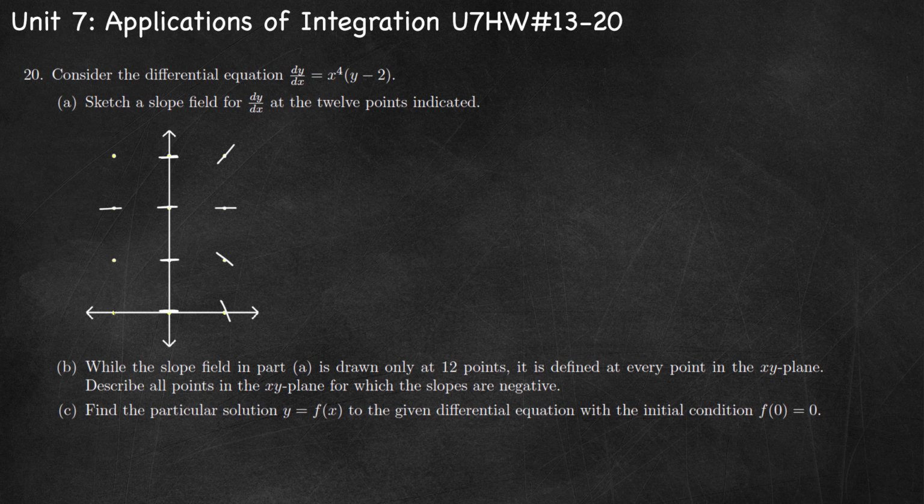The slope is negative 2. At negative 1, 1, so negative 1 to the 4th is just 1, and then 1 minus 2 is negative 1. My slope is negative 1. At negative 1, 3, I get a slope of 1.